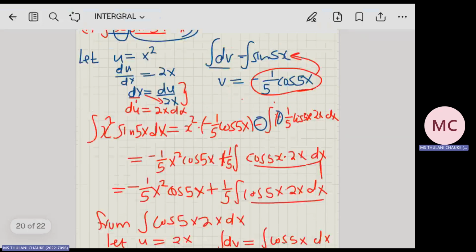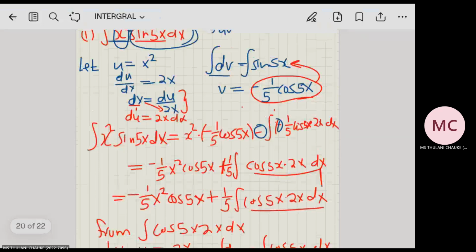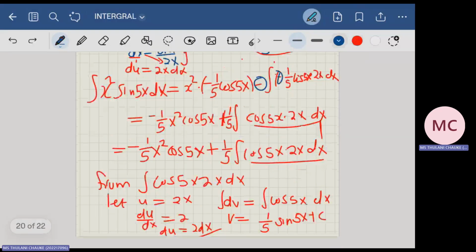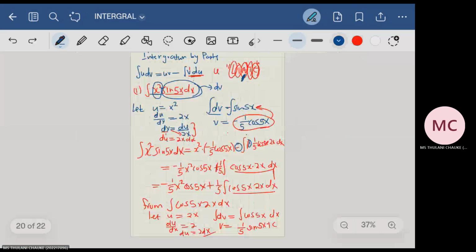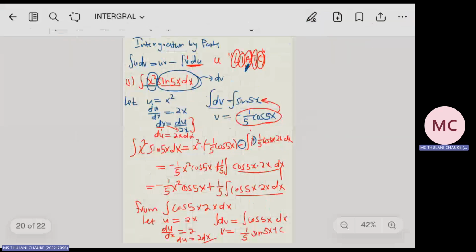We must replace that here. So I'm gonna do that now and say we're still having the integral 1 sine of 5x dx.